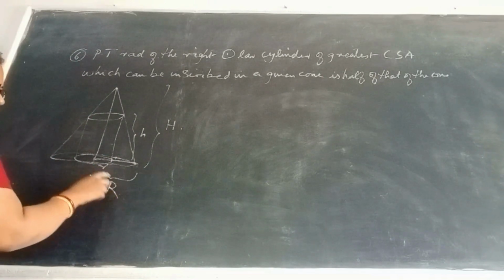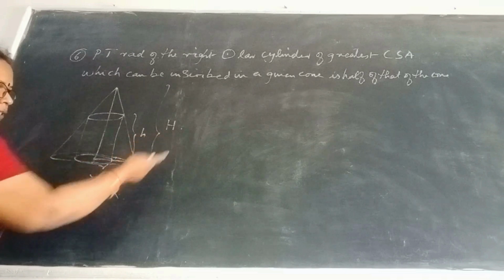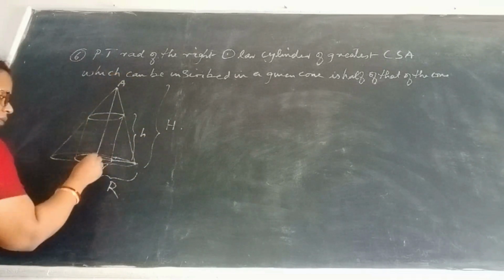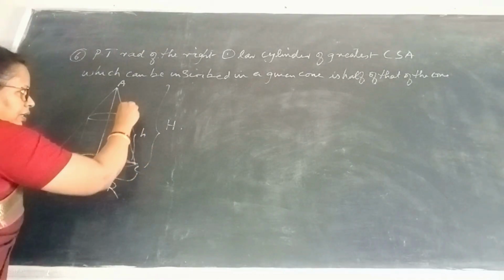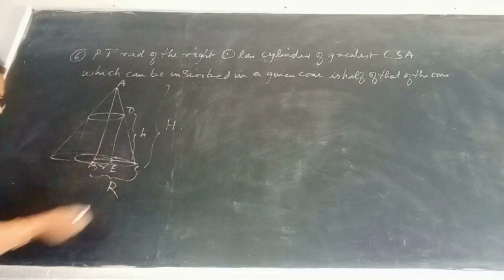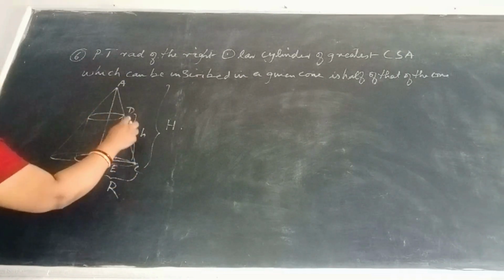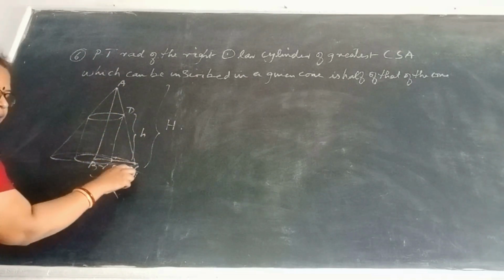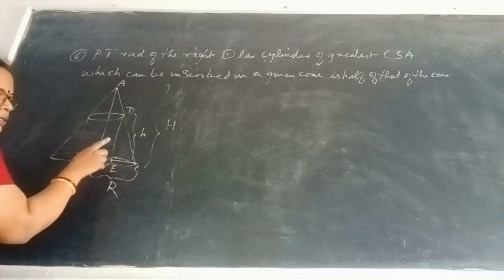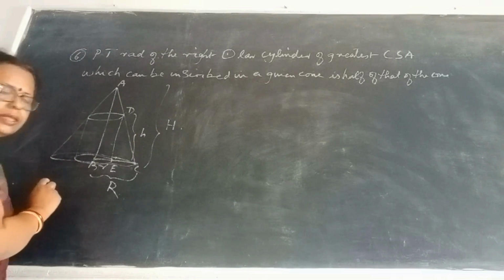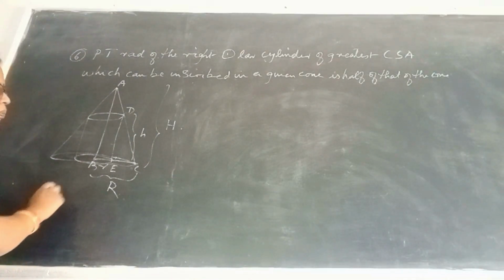Is there any relation between R and H? Look at the picture: A, B, C, D, E. You can see triangle ABC and triangle DEC. They are similar triangles. When triangles are similar, their corresponding sides are proportional.